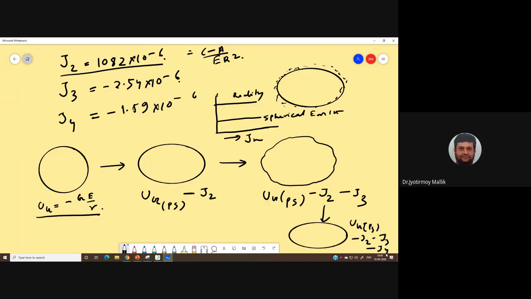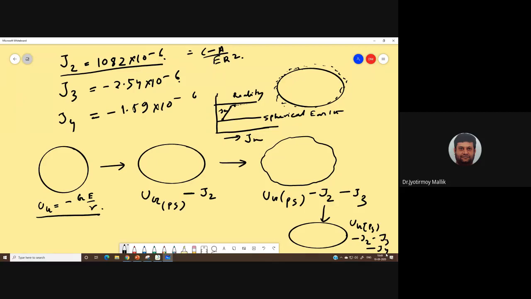In the first step, I have a very steep jump. This is accounted for J2, and then this is perhaps accounted for J3, and I will keep on being close to the reality, but we will never reach the reality.